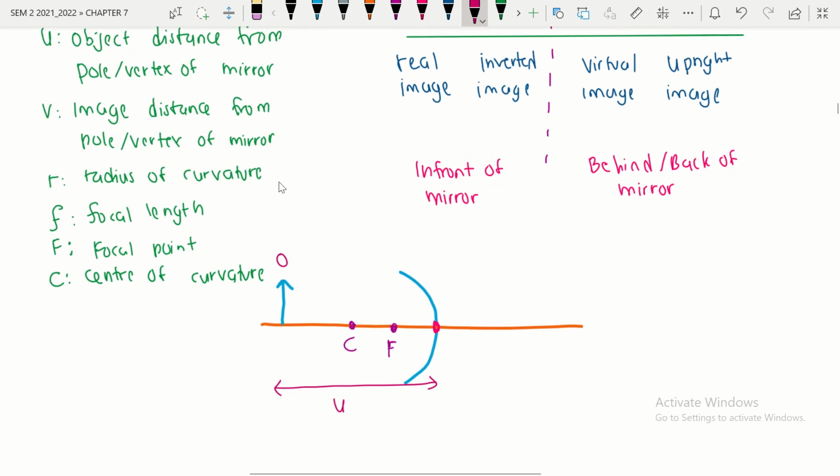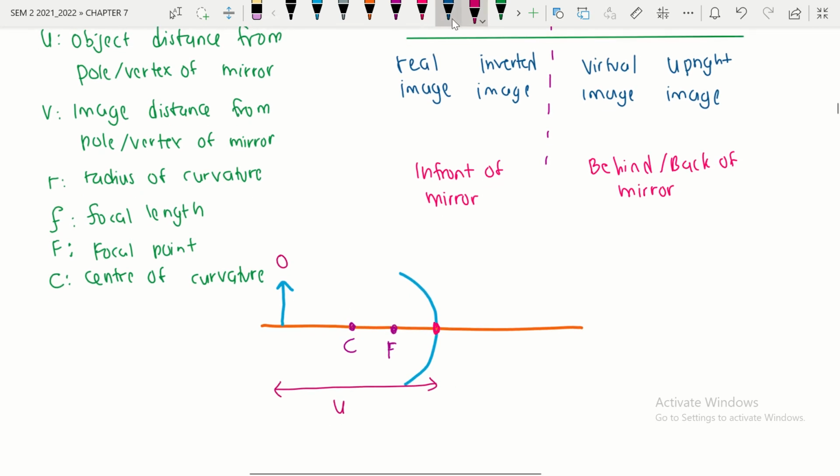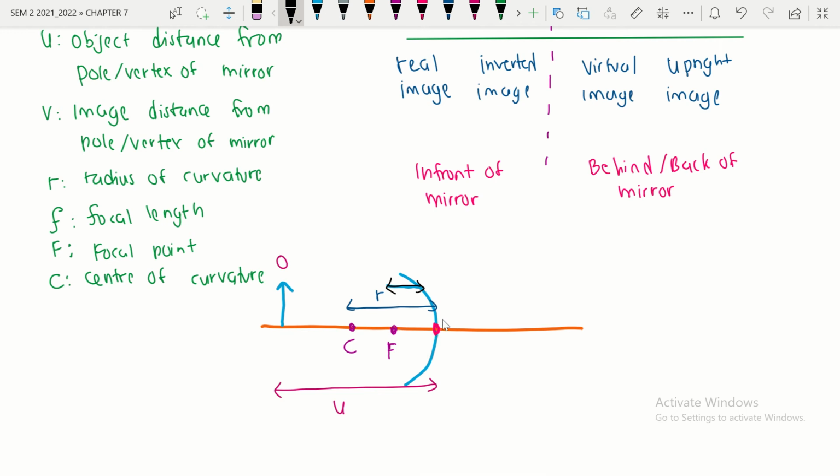Okay, whereas radius of curvature ni adalah daripada center of curvature sampailah kita punya vertex. So ini adalah radius of curvature. Whereas focal length kita ni, F ni kan focal point. So dia adalah daripada focal point sampailah ke kita punya vertex of mirror.